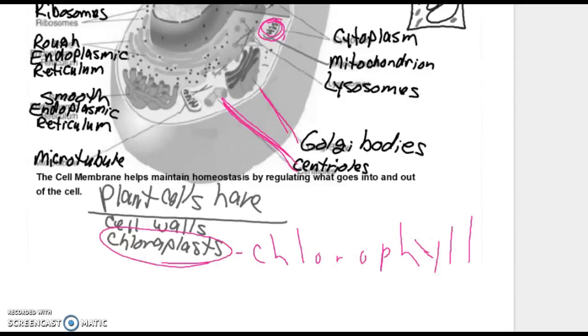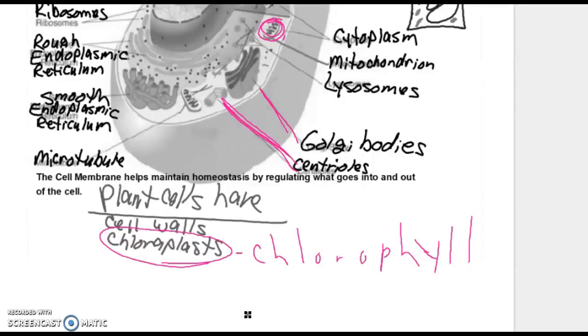That's that magic photosynthetic pigment that allows plants to capture energy from the sun, and along with using some water and some carbon dioxide, convert that into glucose, which is going to be food for the plant, and it's also going to store some of that so that when we eat the plant, we get that energy as well. Plants also have cell walls. They lack a skeletal system, so having a cell wall is pretty important for structure and support.